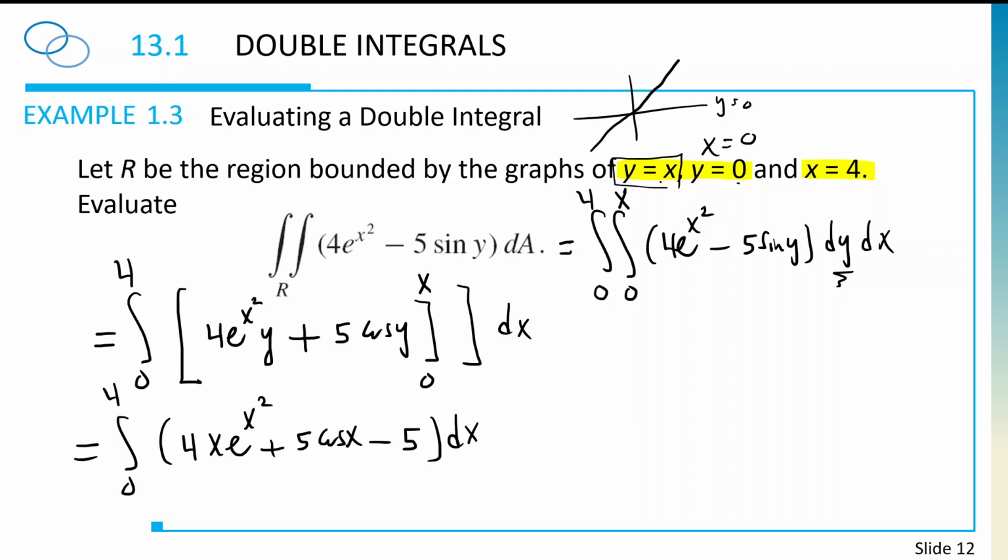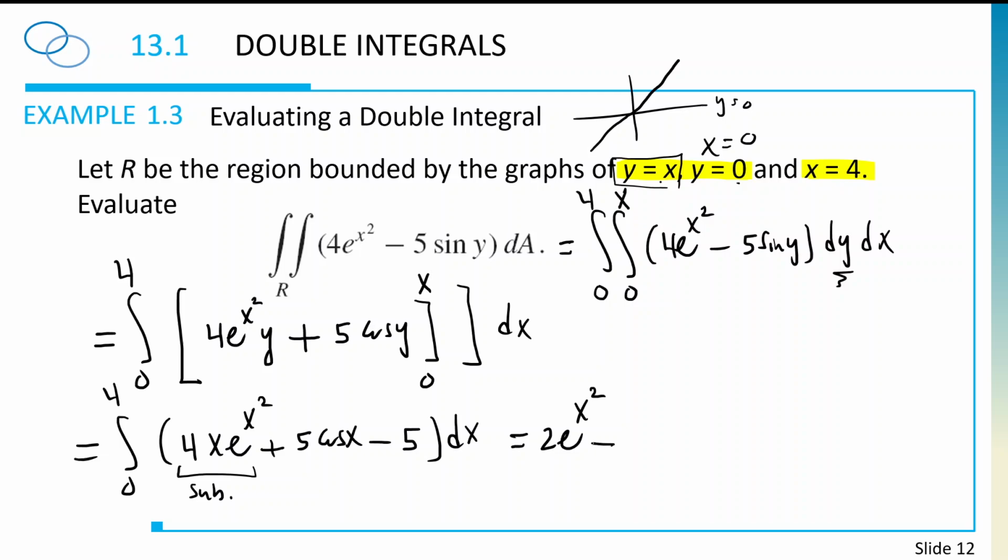Okay, that's good. Now with respect to x, this is supposed to be equals to what? Now x is a function. This can be done easily by substitution. So this is equals to e to the power of x squared. Okay, this is with respect to x.